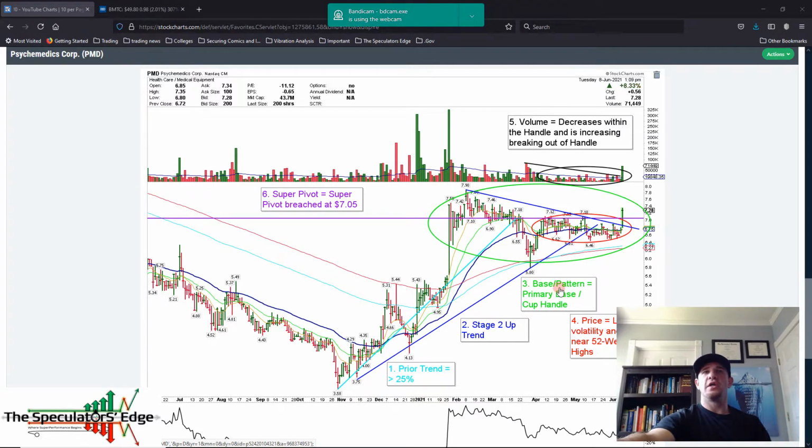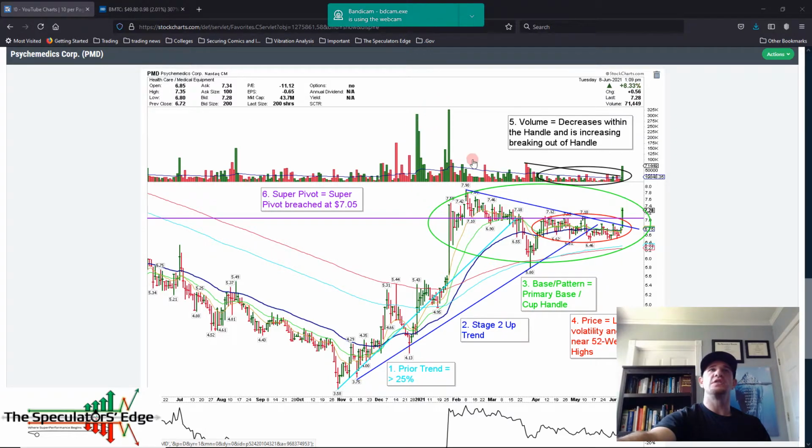So the third thing that we're looking for is the base and the pattern. We're looking at a primary base due to the fact that this price has just run up, and the 150-day moving average moved above the 200-day moving average about a month and a half ago. So this would be the first base, the first breather within that stock.